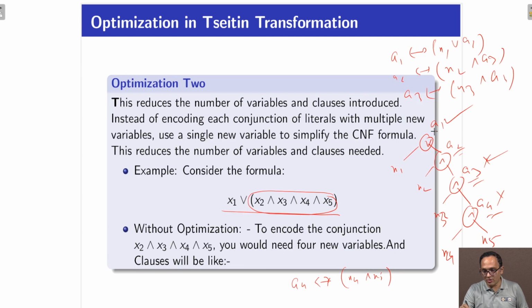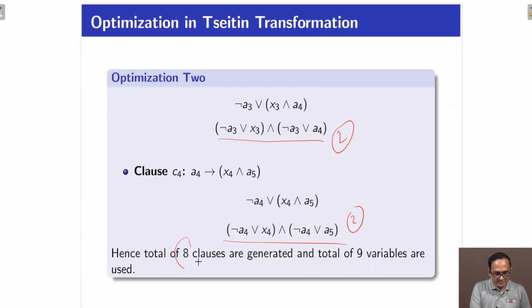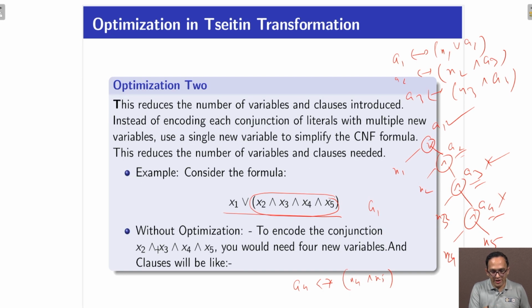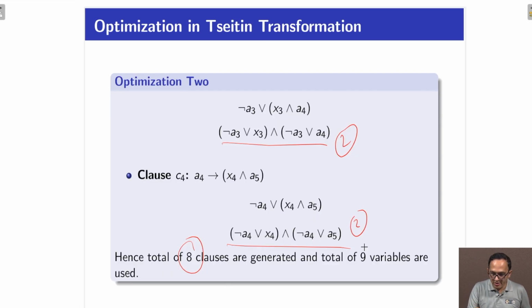You have to also add the clause A1 into this. So, overall I will get 8 clauses here, right, and the original formula has 5 variables and I have introduced 4 new variables. So, 5 plus 4, you have 9 variables overall.